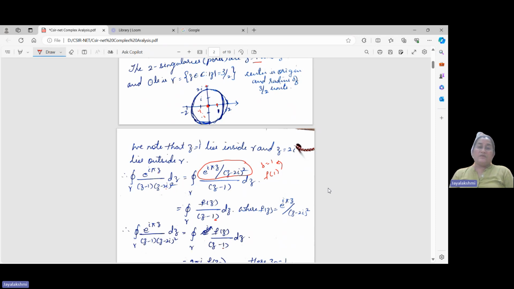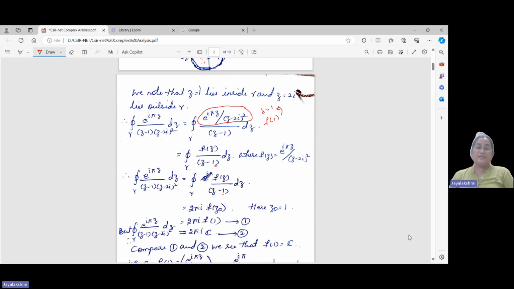Now we can apply Cauchy's integral theorem to this very easily. We compare this with the integral over gamma of f of z by z minus 1 dz, where our f of z is e to the power of i pi z by z minus 2i whole square. Therefore, the integral over gamma of e to the power of i pi z by z minus 1 into z minus 2i whole square dz is equal to 2 pi i into f of z naught, according to Cauchy's integral formula.